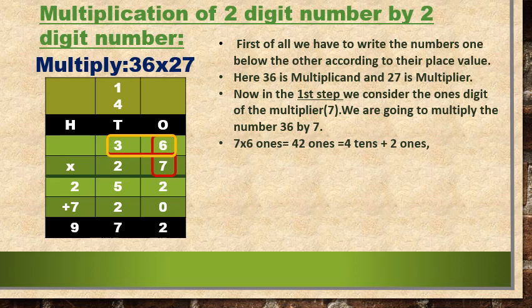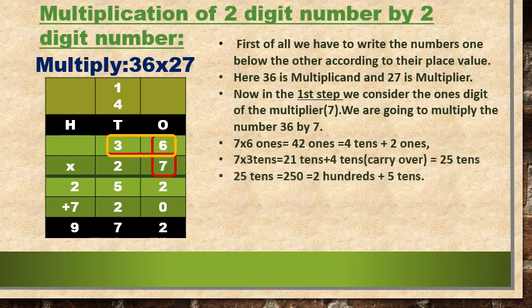Now we know 42 ones means 4 tens plus 2 ones. Now girls, as we know that we cannot write two digit in one place, so we are going to write 2 ones in ones place, and this 4 tens carry to the next column, that is tens column.